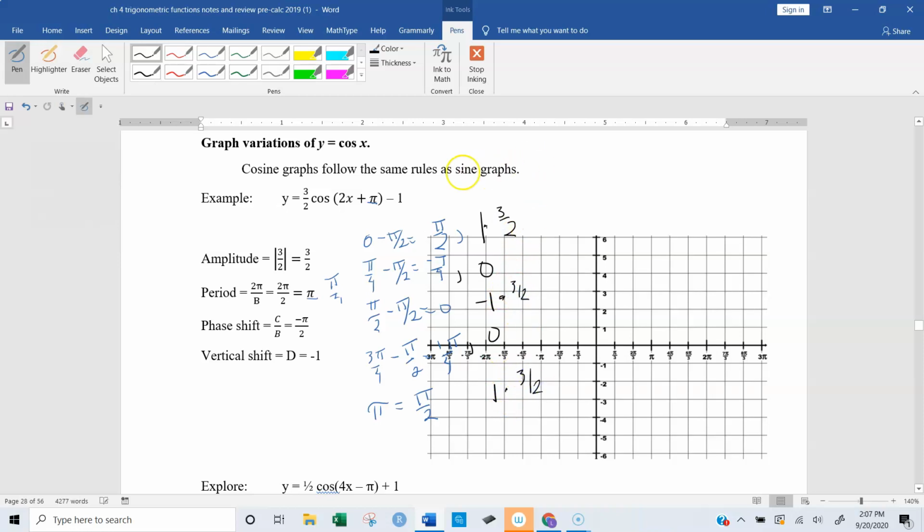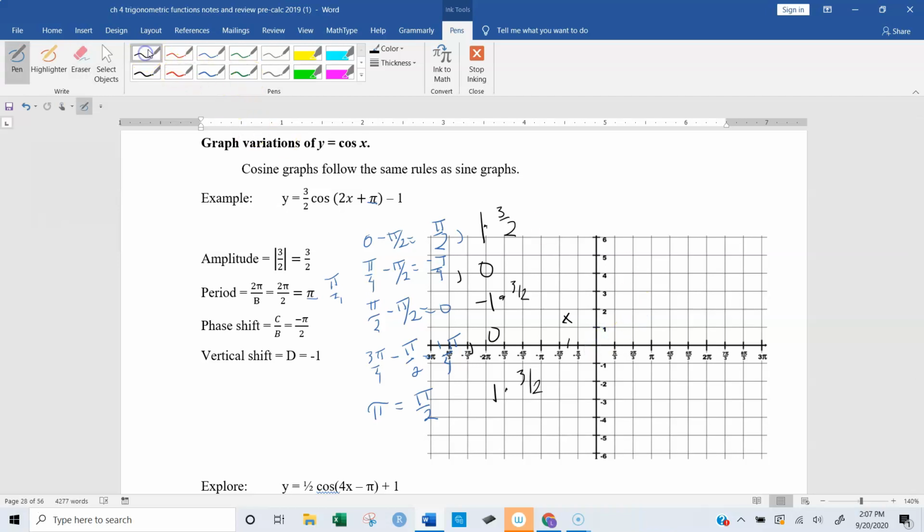I'm going to graph this because we've done a lot. So now when we go here, we go negative pi over 2, which is right in the middle, and that is going to be a positive 1.5 because we stretched it. All right, when we go to 0, we're going to get 0. When we go to, I'm sorry, negative pi over 4, if I can get it there.